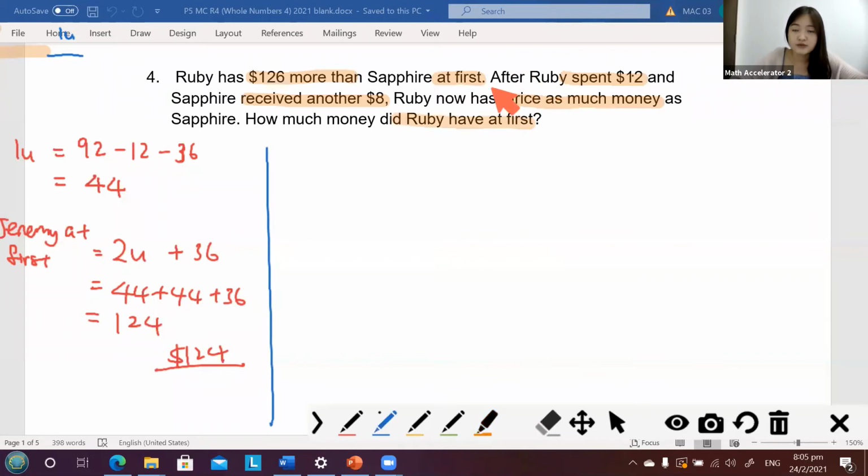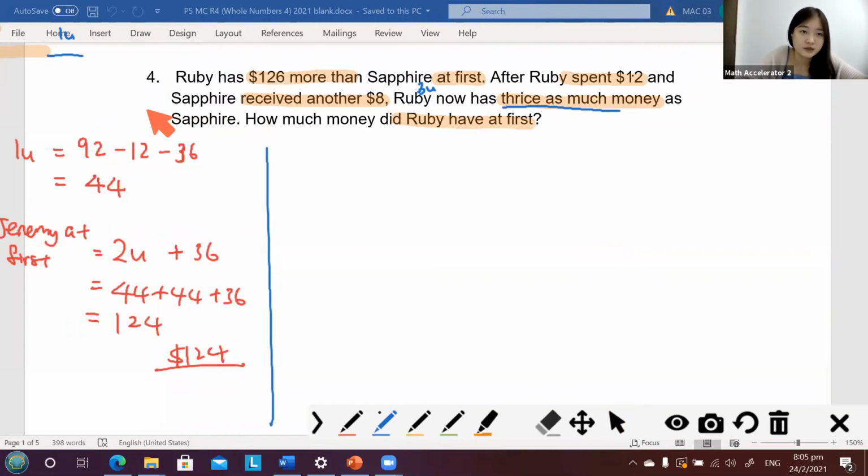So if it's thrice, how many units must I draw for Ruby? How many units to draw for Sapphire? Put R, how many units? S, how many units? Okay, good. R is 3, so I'm labeling here 3 units.